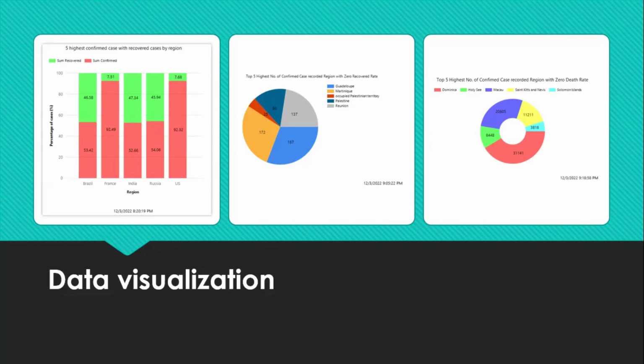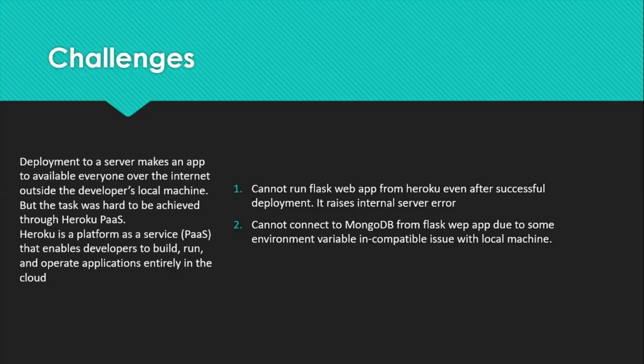So from here, I'd like to invite Digvijay to carry on the presentation. Thank you so much, Syed, for having me here. These are the challenges we faced during this project. One was when we were trying to deploy the Flask web app on the Heroku platform; it just raised the internal server error.